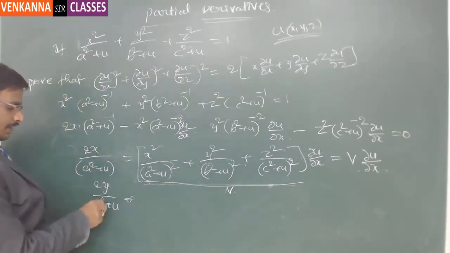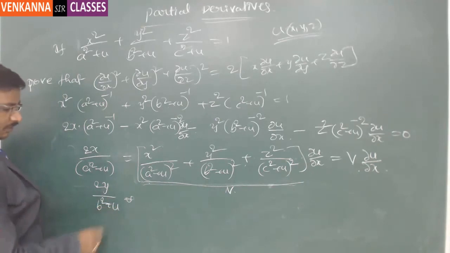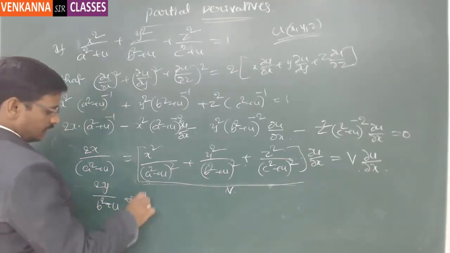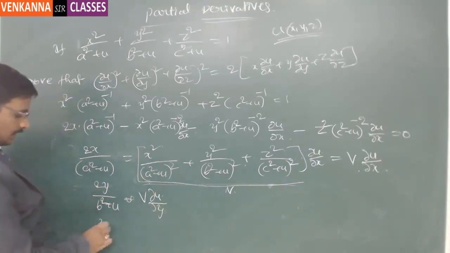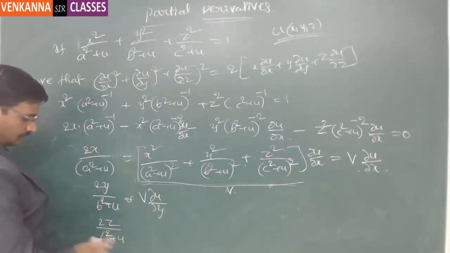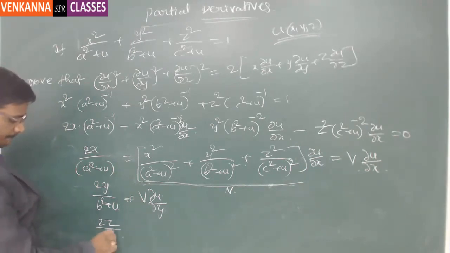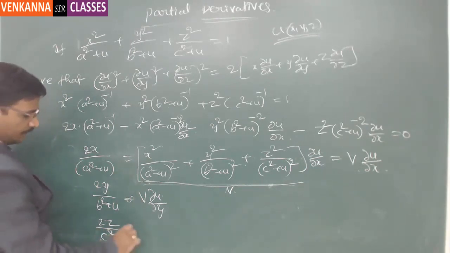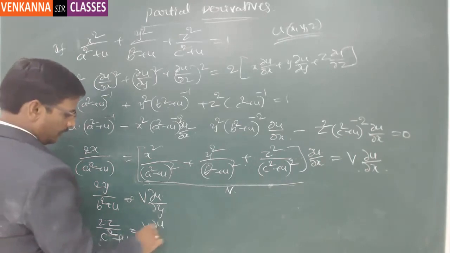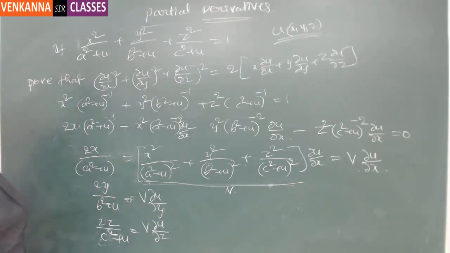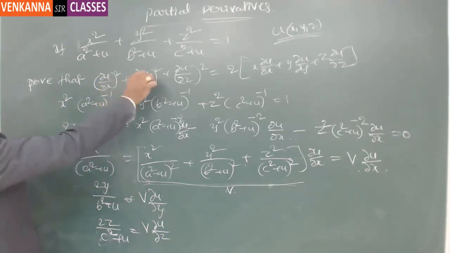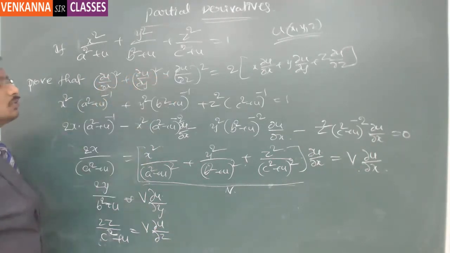Exactly in the similar manner, 2y/(b²+u) can be written as v ∂u/∂y. Similarly, 2z/(c²+u) can be written as v ∂u/∂z. Now, what you need to prove is (∂u/∂x)², (∂u/∂y)², and (∂u/∂z)².